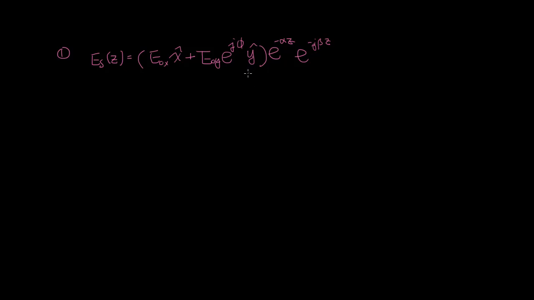So let's conclude with a roadmap for how to diagnose polarization. The first step is to get it in phasor form and get it to look something like, in the case of z propagation, some x component plus some y component with a phase difference, let's just say in a lossy medium propagating in the plus z direction.